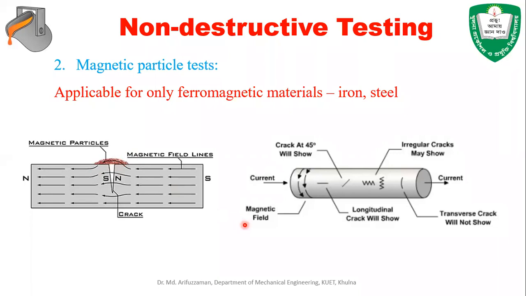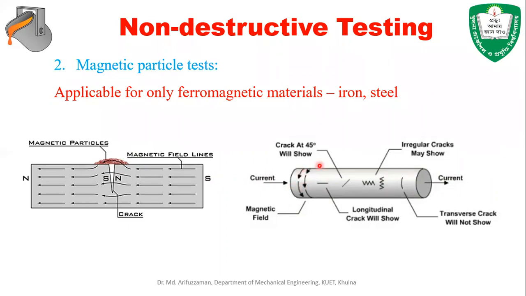But in the case of detection, it is important which way you are applying the magnetic field. If there is a crack in the horizontal, longitudinal direction, then you need to apply the current along the longitudinal direction.